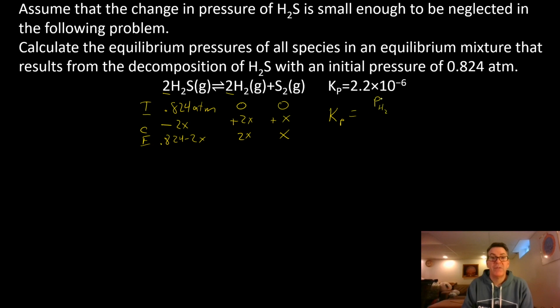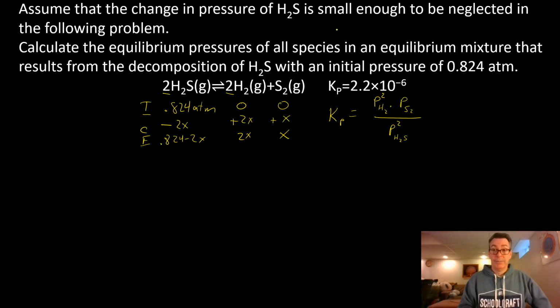It'd be the partial pressure of H2 at equilibrium. Just like concentration, we square the partial pressure when there's a 2 in front of that substance in the balanced equation. And then the partial pressure of S2, that's just to the first power. And then the denominator is the partial pressure of H2S, and we would square that one. All right, so that's our setup for the equilibrium constant expression.